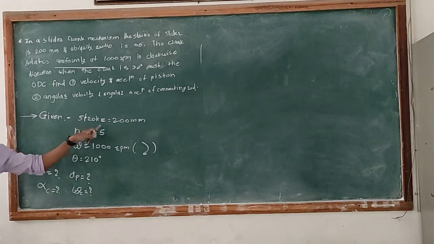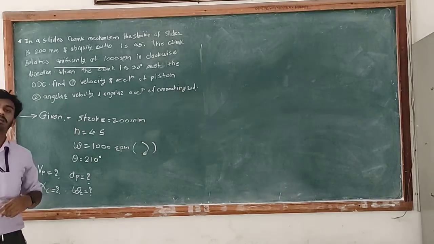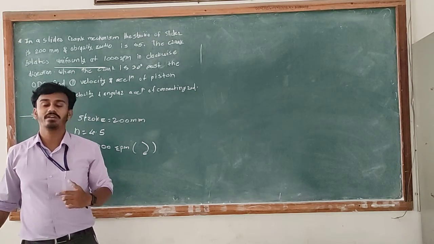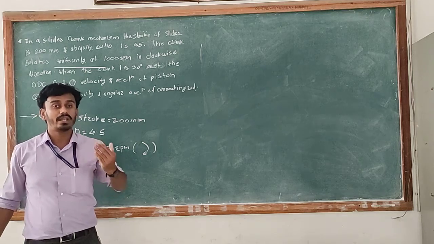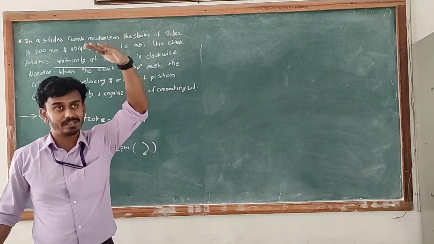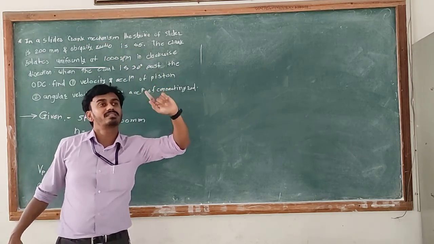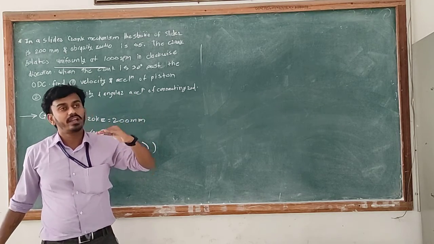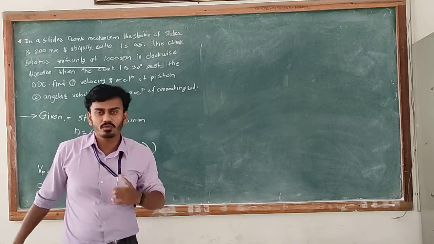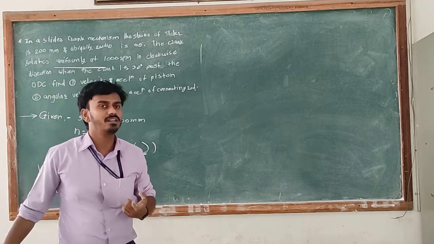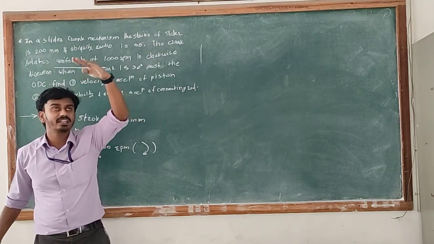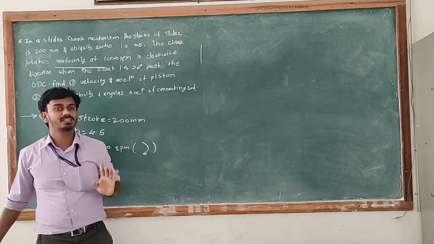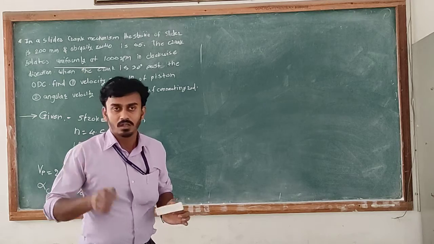Here they have given that the stroke is 200 mm. What is meant by stroke? In an IC engine we have seen that when the piston is at the top dead center, and when one complete stroke is obtained, the piston goes from top dead center to bottom dead center and again returns to the top dead center. This is called the stroke.